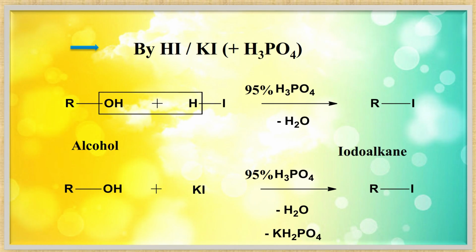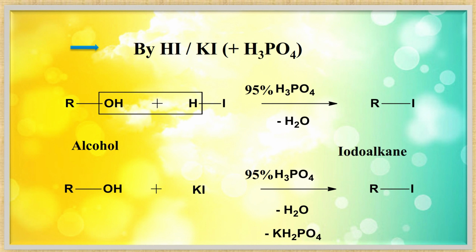Same thing, you get byproducts, the removal of the OH group and the incoming of the I. You get RI, along with the byproduct water, or in case of KI you get KH2PO4 and water. But the method is a similar thing.